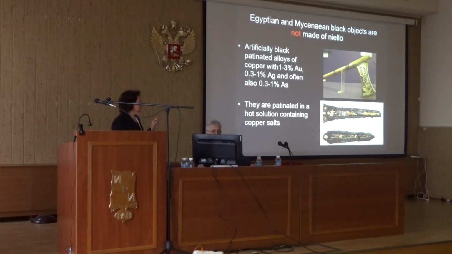And this alloy is artificially patinated in a solution containing copper salts. I published this, I brought a copy of my paper, so if somebody wants to look at it, I have it with me. So this is not niello, this is something completely different.